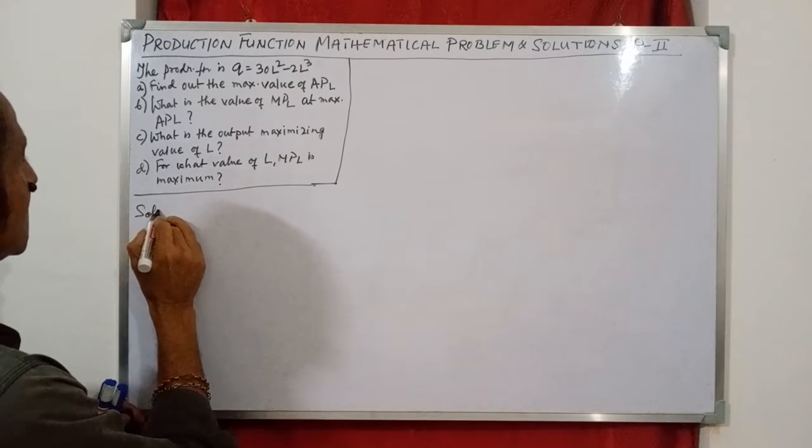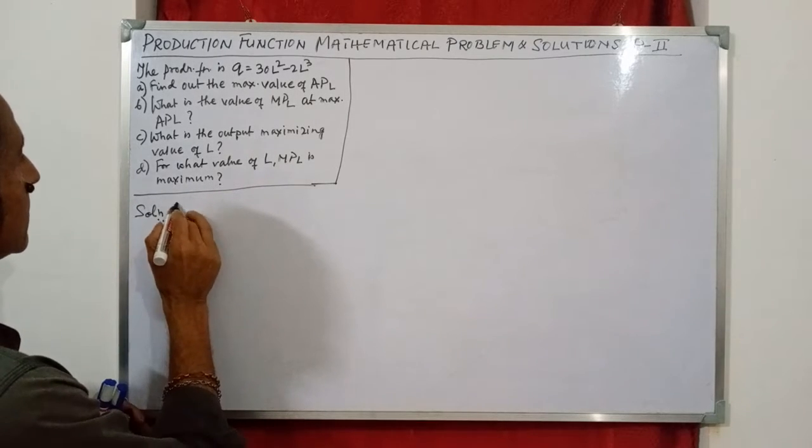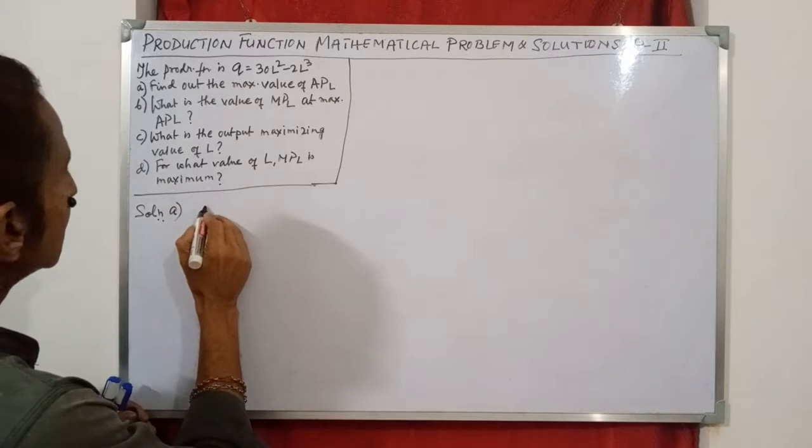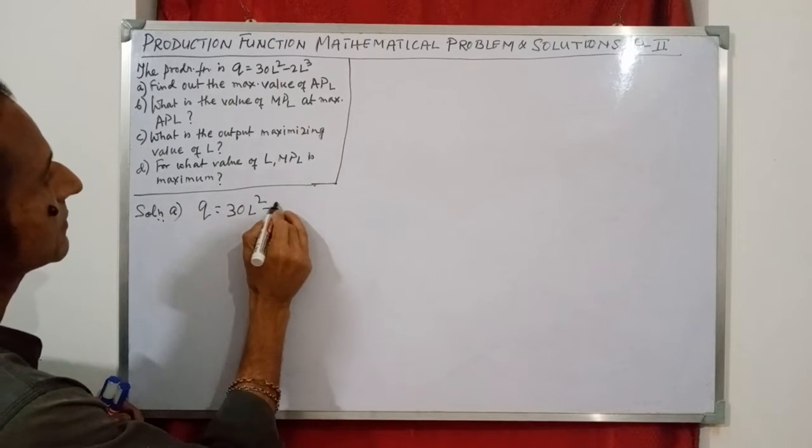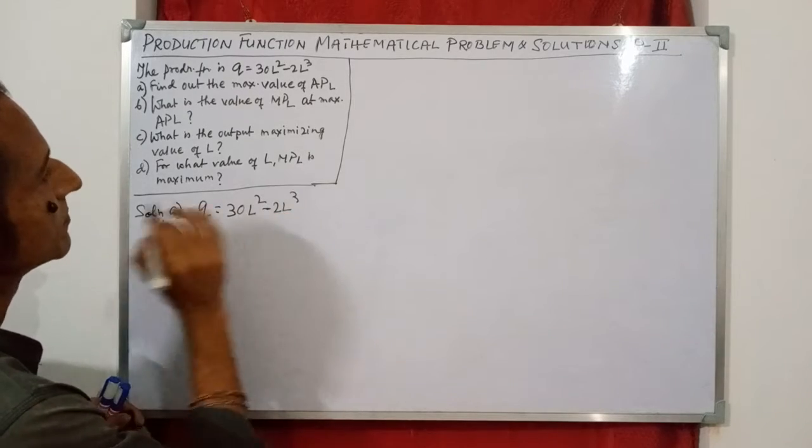Solution. A. It is given Q equals 30L square minus 2L cube.